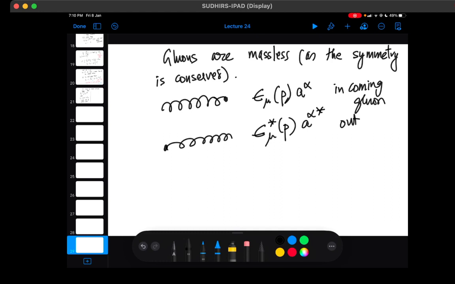Okay, so this is all the four-gluon vertices, where a repeated index is essentially summed over.